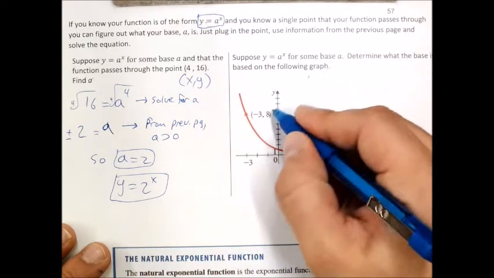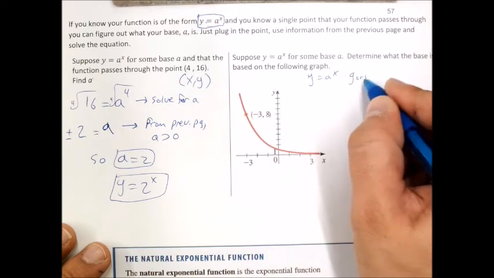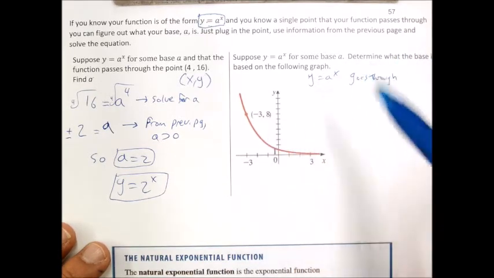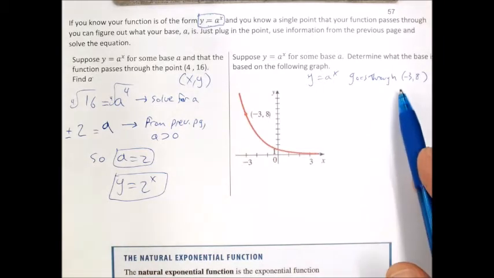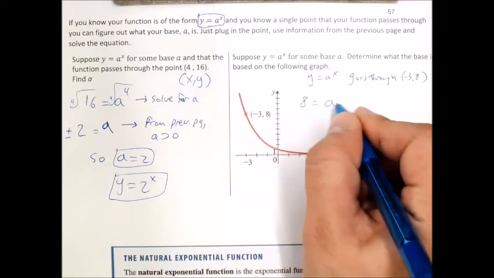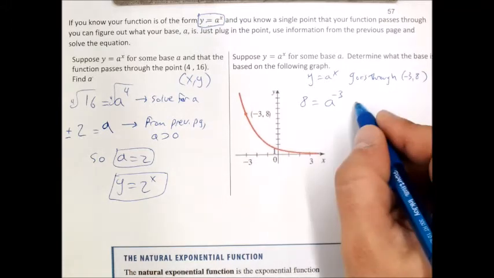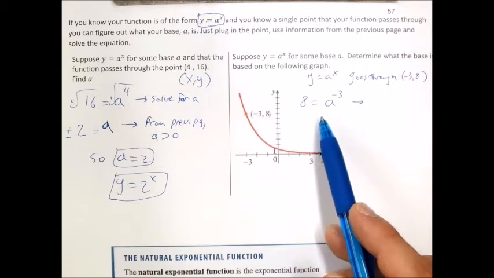And so when I look at this, I see that we know y equals a to the x, and that it goes through the point -3, 8. And so that's telling us an x and a y, so we plug that into the function. So we say 8 equals a to the -3. This is kind of a slightly trickier one to solve, but we know how to solve these from the fraction section.